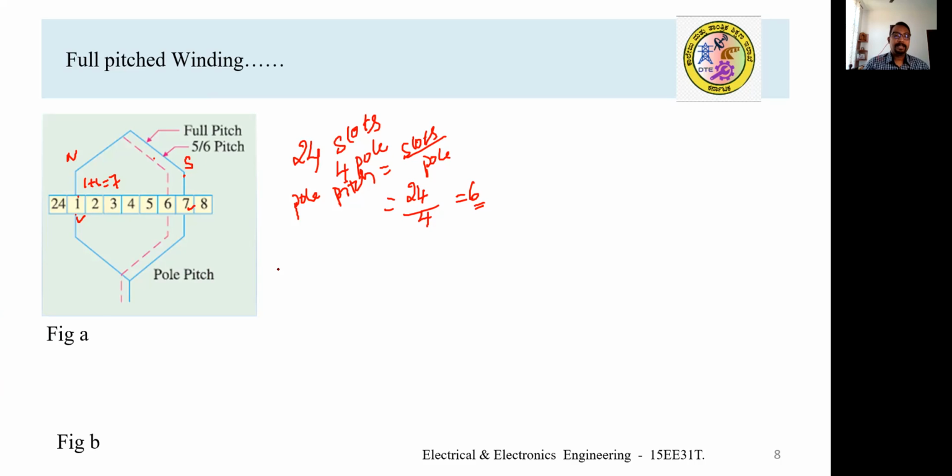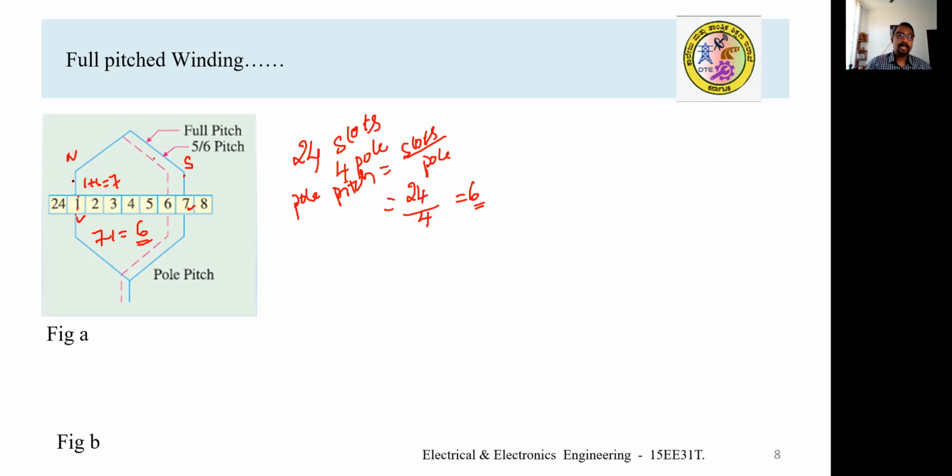If it is a 24-slot, 4-pole machine, then the full pitch is 24 by 4, which is equal to 6. That means the distance is 7 minus 1, which is equal to 6. If you place one coil side in slot number 1, then its other side should be placed in slot number 7. Then what happens?